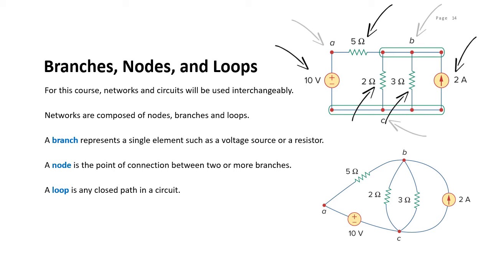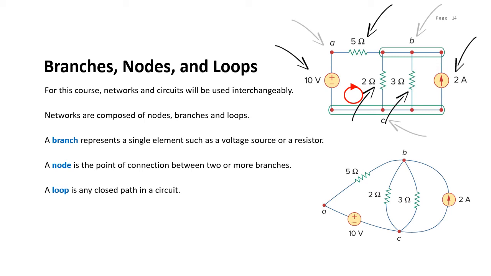It is possible to form an independent set of loops where one of the loops does not contain such a branch. For example, here you can see that we have loop 1, ABCA, with the 2 ohm resistor as independent.